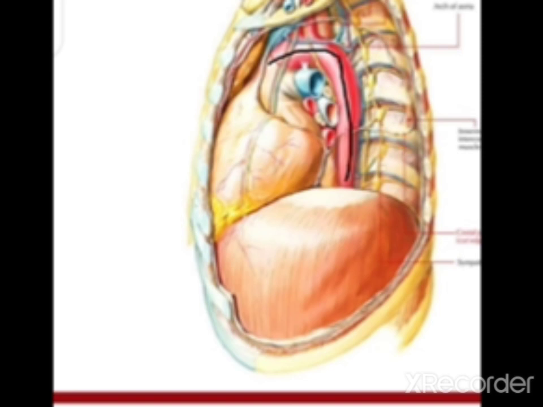From here is the opening of the vena cava, and up above is the thoracic duct here, and the arch of the aorta is here, and this is the esophagus.